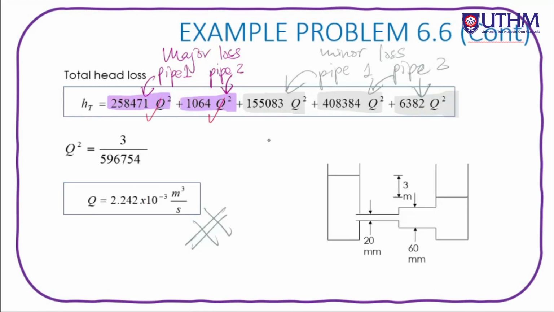Dua depan ni untuk major losses, yang tiga belakang ni untuk minor losses. And then we replace HT ni, kita dah tahu sama dengan 3 tadi. Okay, and then kita replace, kita dapat the value of flow rate. Okay, senang je kan? As long as you guys understand the concept, then it should not be a problem.